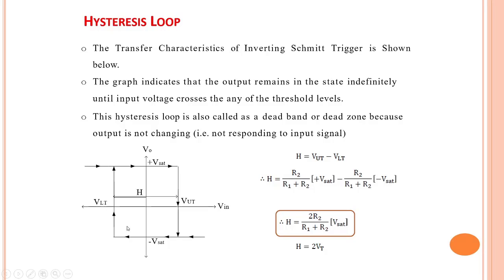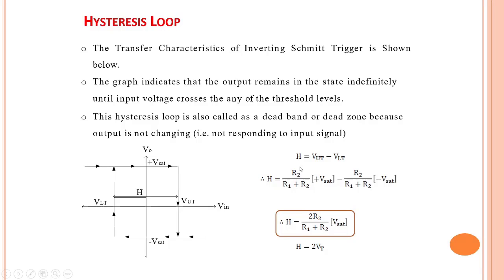The graph indicates that the output remains in a state indefinitely until the input crosses either of the threshold levels, VLT or VUT, where VUT is given by plus Vsat into R2 divided by R1 plus R2, and VLT is given by minus Vsat into R2 divided by R1 plus R2. As Vsat is the same and R2 and R1 are the same, VUT and VLT have the same magnitude. Hence, this is called a symmetrical inverting Schmitt trigger.